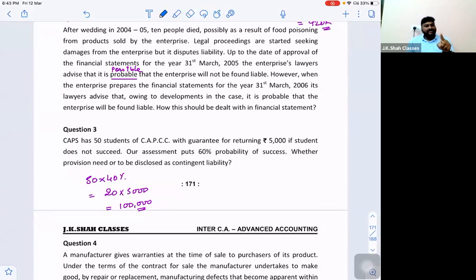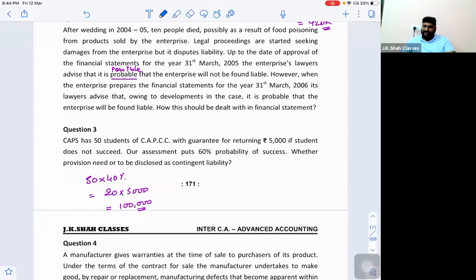To these 20 students, I am liable to pay 5,000 rupees per student, so technically I have a liability of 1 lakh. Create a provision. If I take all students as a group, it is very similar to service provided with guarantees, and for guarantees, I have to record the provision.